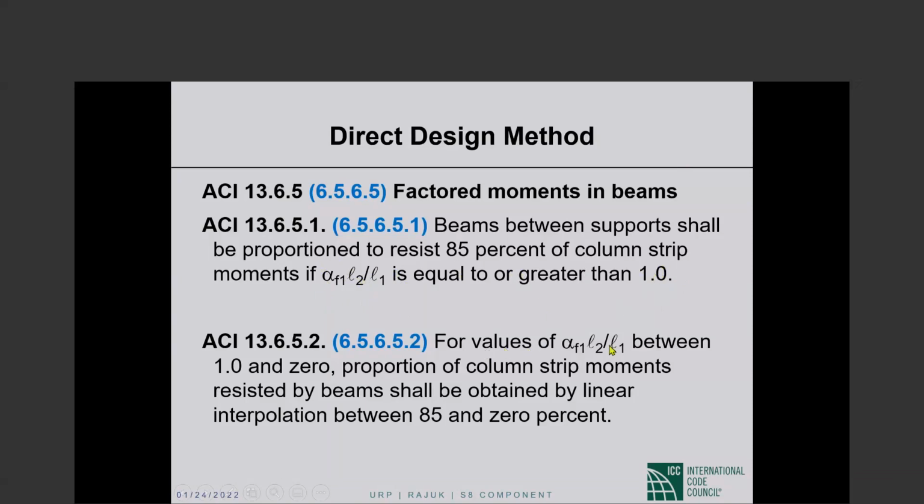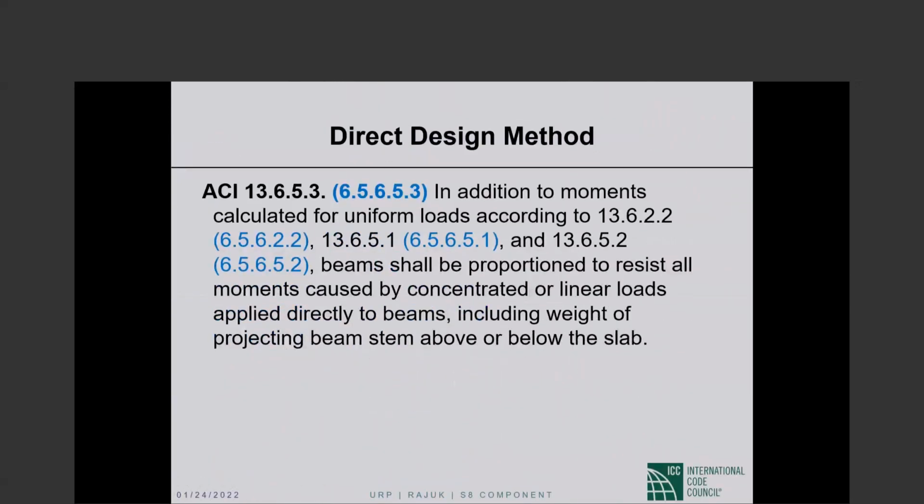If the value is less than 1, then you interpolate: the proportion of column strip moments resisted by beams shall be obtained by linear proportion between 85% and 0%. I think this is very easily understood if you just read.